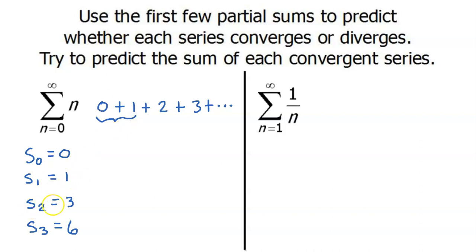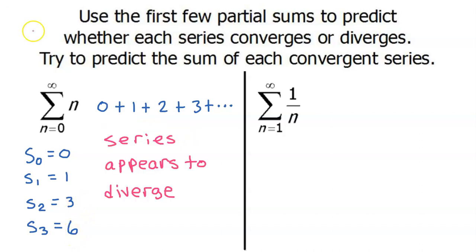And partial sum S2 is 0 plus 1 plus 2, which is 3. And then partial sum S3 is 0 plus 1 plus 2 plus 3, which is 6. Obviously, this will just keep getting bigger and bigger and bigger without bound. Without a proof, we can only say that the series appears to diverge.